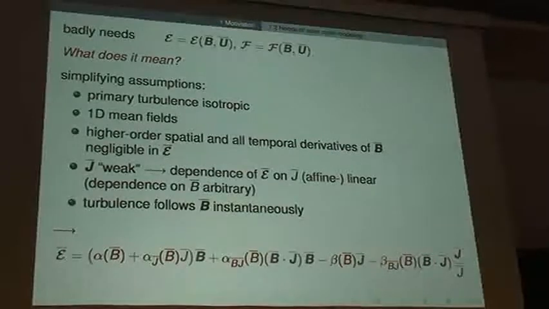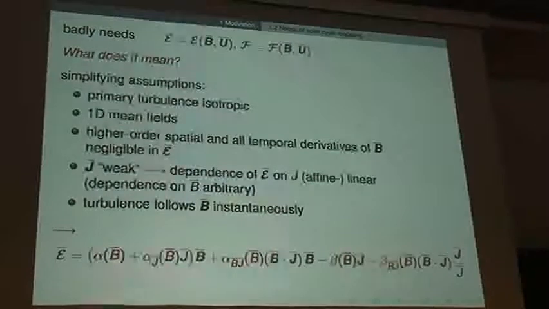But this is not so clear, because if you consider this equation energetically, then you will see that not all terms named alpha really have the potential to generate field, and not all terms named beta are really dissipative. So this is only a formal notation.